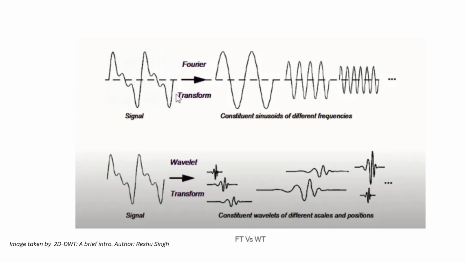By scaling and shifting the mother wavelet, we create a set of daughter wavelets that help us measure how well the wavelet aligns with the signal at specific times and frequencies. This capability to adapt and localize in both time and frequency makes the wavelet transform a powerful tool for analyzing complex signals in various applications.